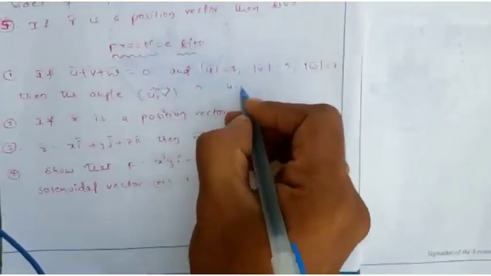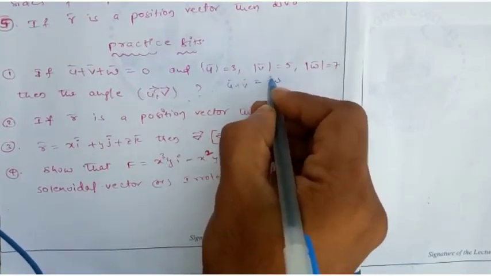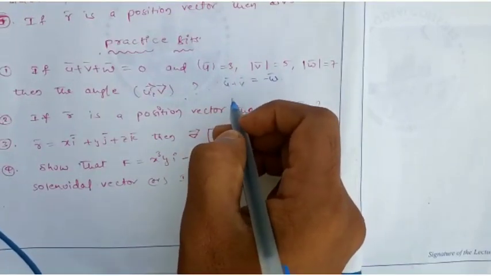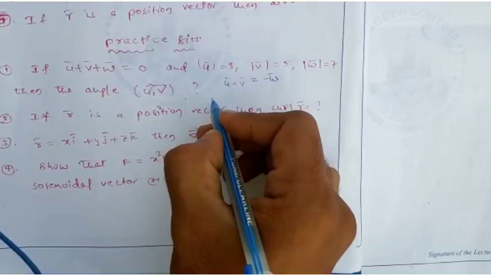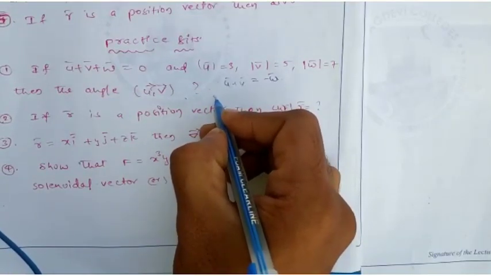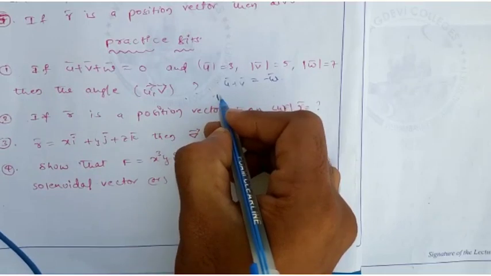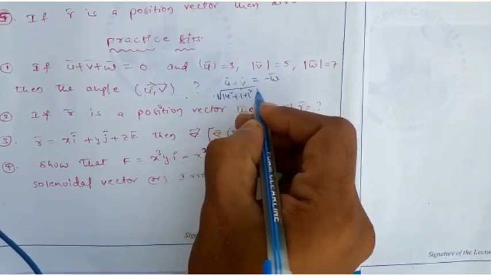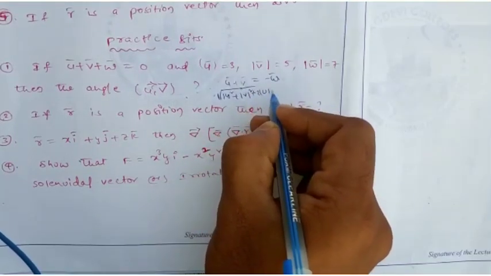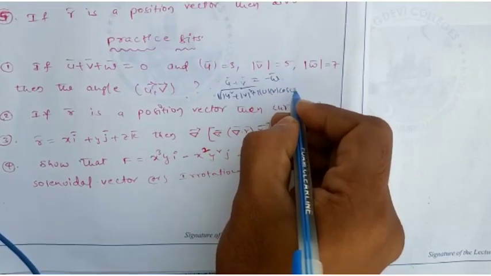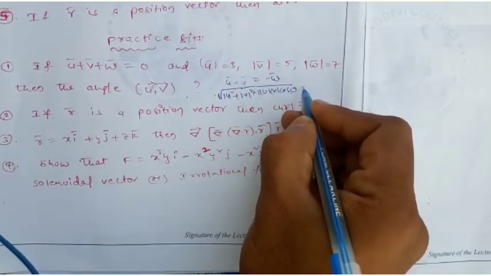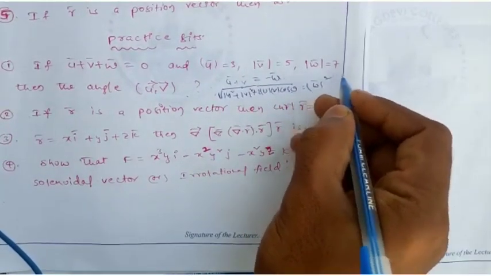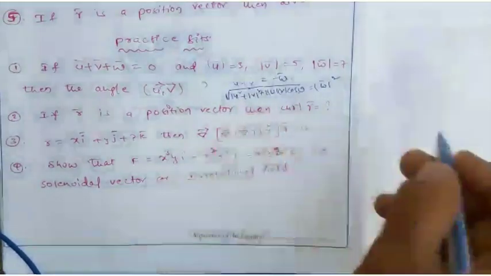You can take u plus v on one side and minus w on the other side, and apply the resultant of these two vectors, that is under root of modulus of u bar square plus modulus of v bar square plus 2 u bar v bar cos theta. So here we have the angle cos theta, and on the other side we get modulus of w whole square. Okay, you can solve this and you will get the answer.